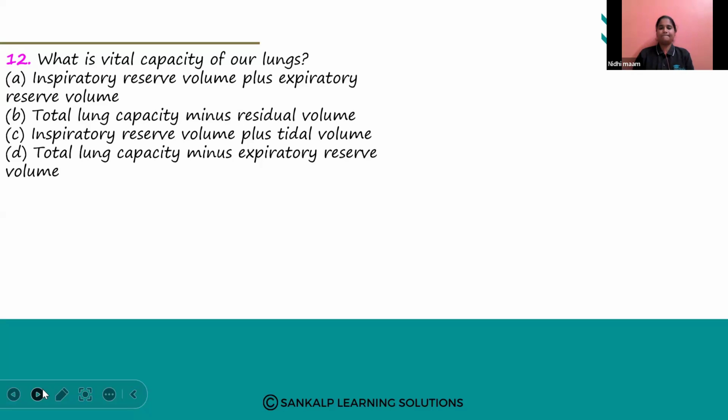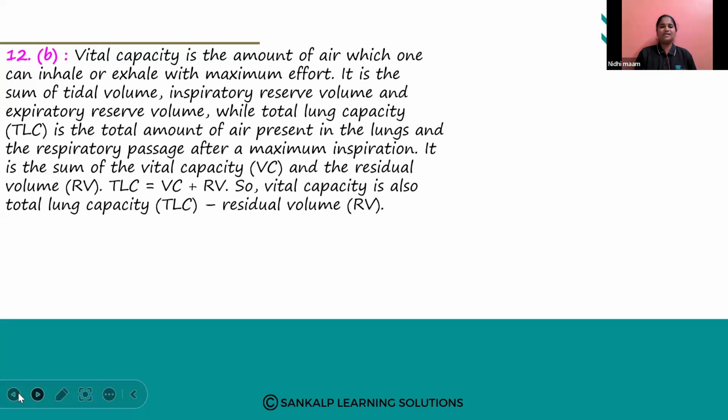Any answers? Hema answered it. Okay. So the right answer for this is option B, that is total lung capacity minus residual volume.